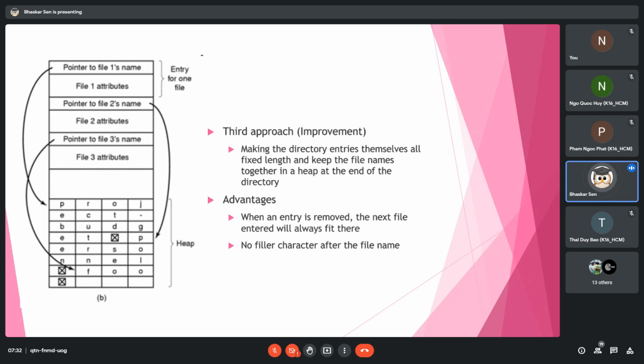Now, at least by using the third technique, a pointer, and as we use a pointer, naturally, we are using a layer of indirection. So that is everywhere. In fact, when we are talking about inodes, it's layers and layers of indirection. In fact, I wrote it down on the screen. Layers of indirection.